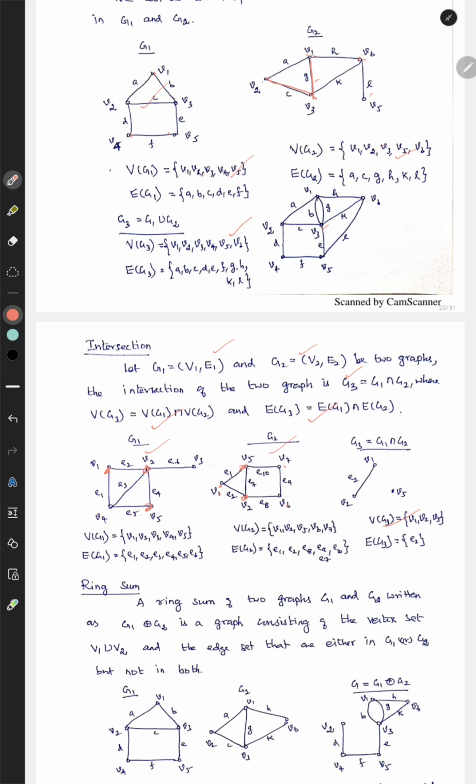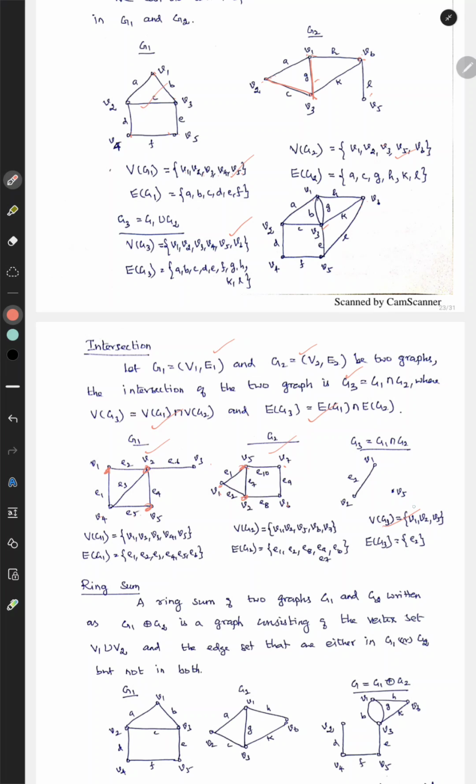Now how about edges? The common edges will be between these vertices only, right? These are the only vertices in the intersection, so any common edge will be between these vertices only. If any other vertex is there, that edge cannot be in the intersection, because the end vertices of that edge are not in both the graphs.